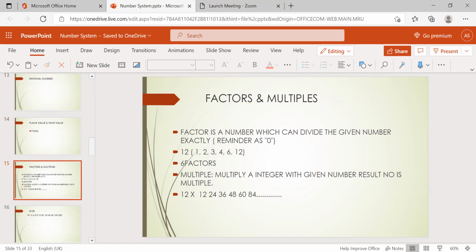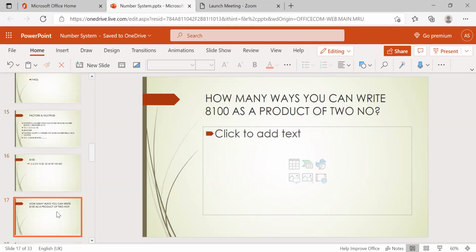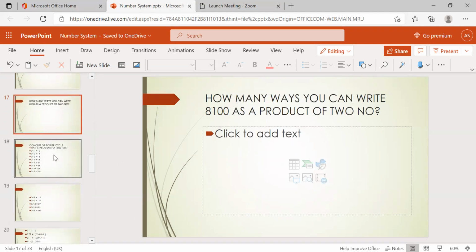And you know how to find the factors of numbers, as products of the numbers.